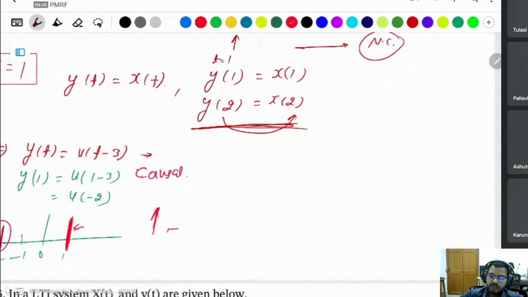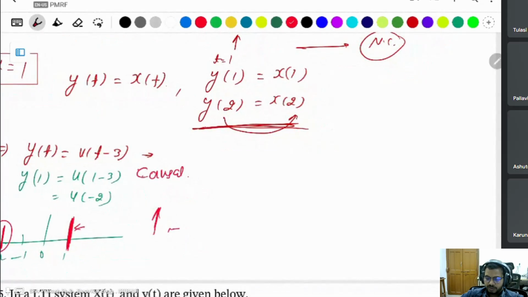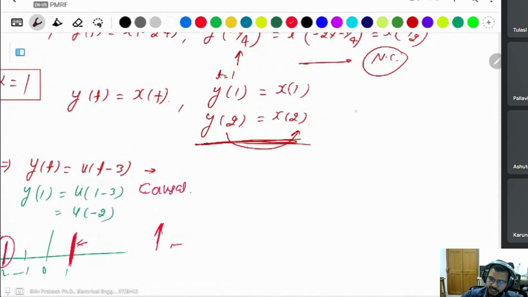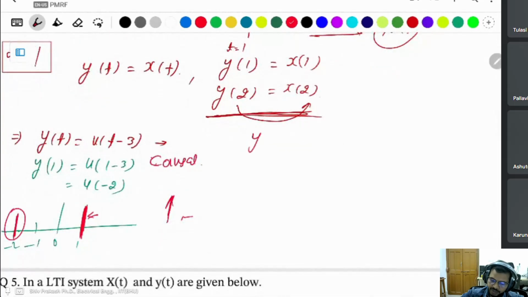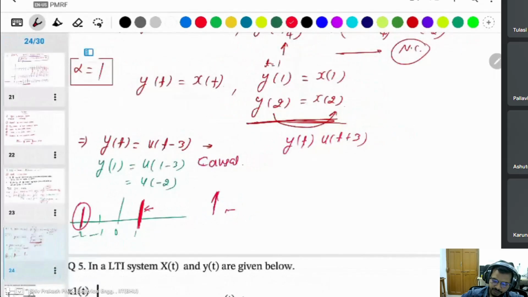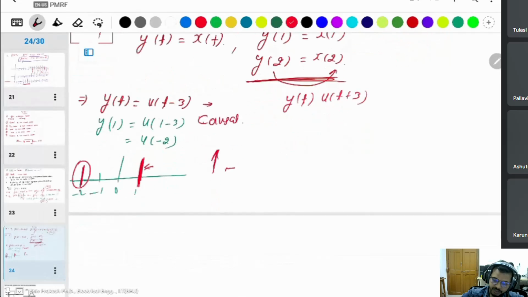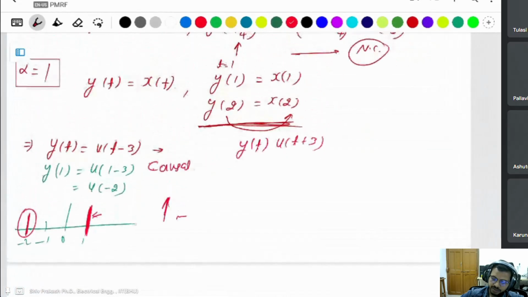In the final example, suppose we apply y(t) is equal to u(t+3). Then what happens? At t equal to 0, the system presents the value at 3, and for u at 1 it presents the value at 4.